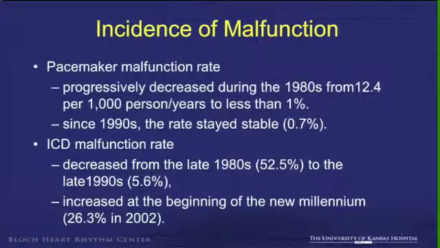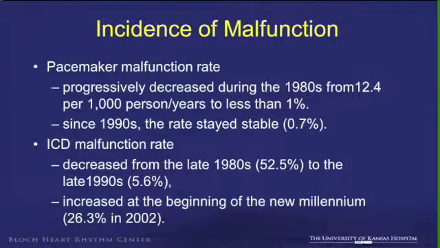So what has been the trend of malfunction? If you look at the pacemaker malfunction rate, obviously, in the initial years of evolution of the technology, there was a higher incidence of malfunction, but the technology matured, and over the last decade, it has essentially stayed stable, less than 1%, which is considered a reasonably good number.